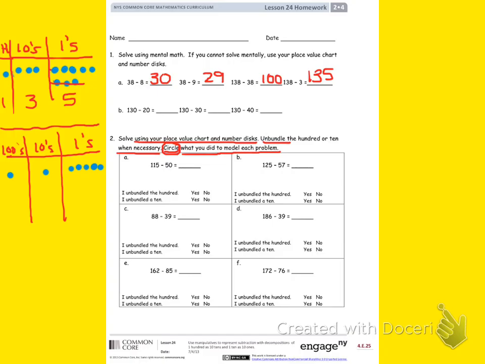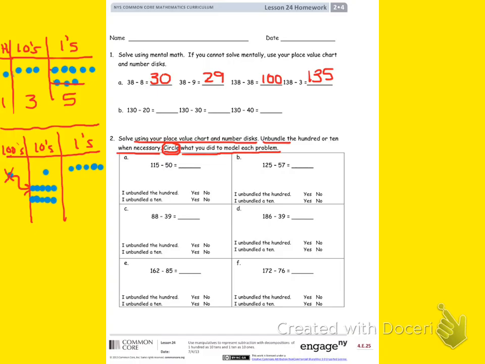So what I have to do is unbundle this group of 100 and put it in the tens column. And that's 10 tens. 1, 2, 3, 4, 5, 6, 7, 8, 9, 10. Okay, now instead of having just 1 ten, I have 11 tens.